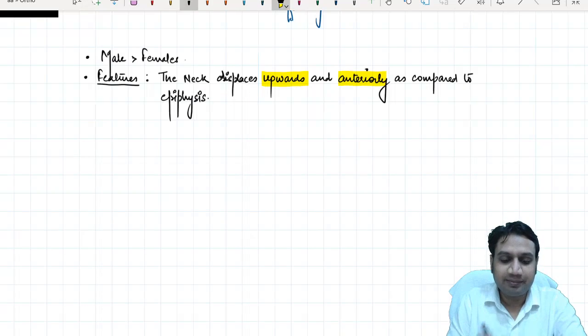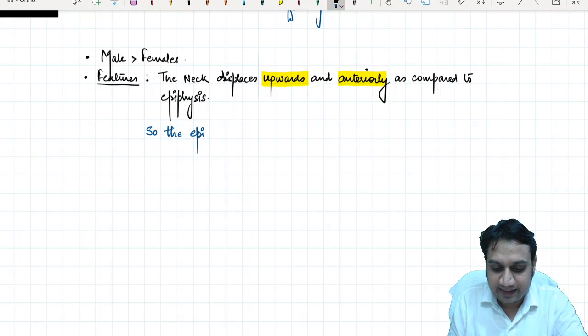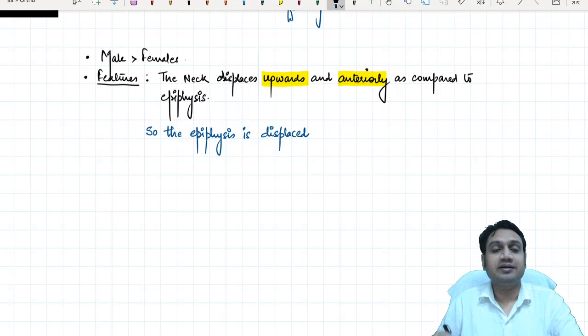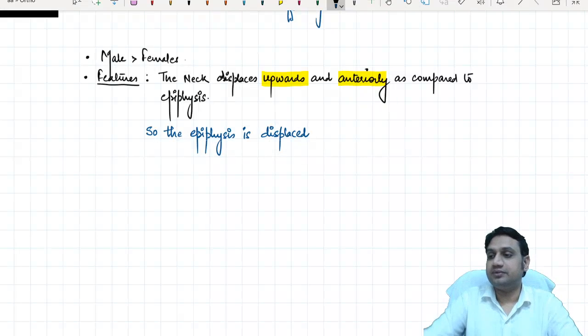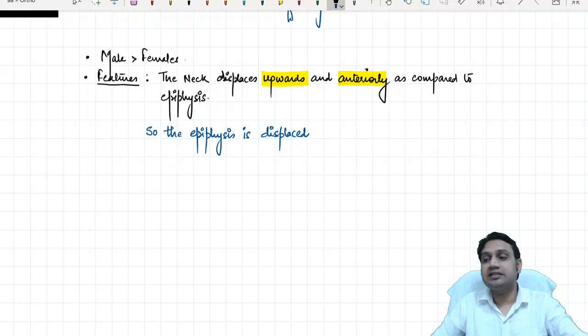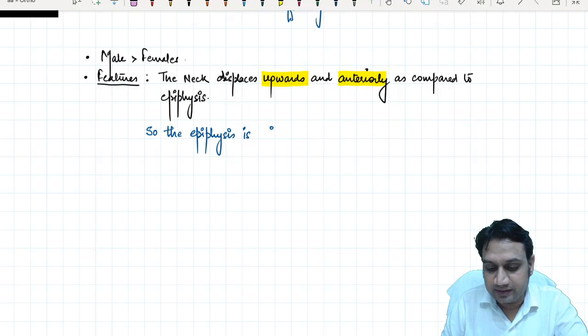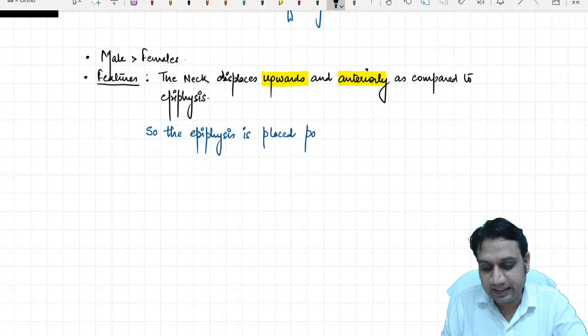So where will the epiphysis go? If the neck area is going anteriorly as compared to it, the head is going in which direction? Posteriorly. So the epiphysis is not displaced actually. The epiphysis is placed posteriorly and medially.